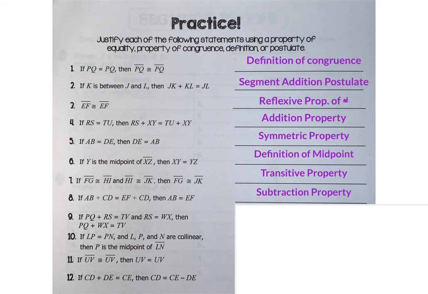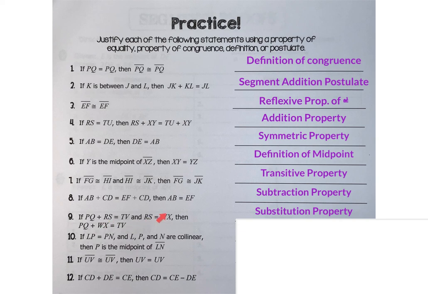If PQ plus RS equals TV and RS equals WX, then PQ plus WX equals TV. What did they do? They actually substituted here, right? Substitution. All right, so look at this one. We have this little equation, PQ plus RS equals TV.